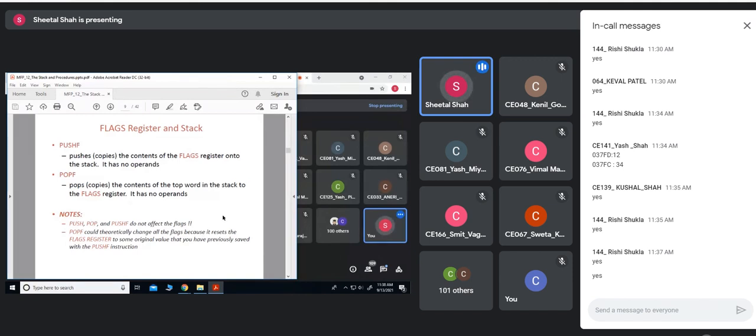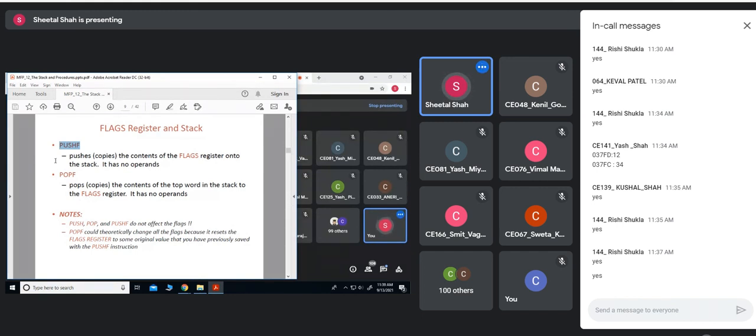While I return from the procedure, I want my flags to be intact, not changed. For that, I have to store the status of the flags into some memory location. So we can use the instructions push F as well as pop F, to push the current value of the flag register onto the stack, as well as to pop whatever is at the top of the stack back.